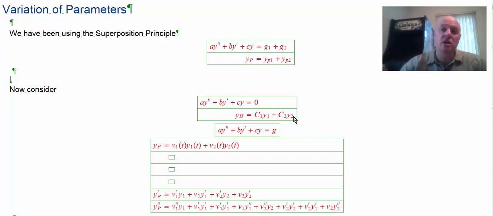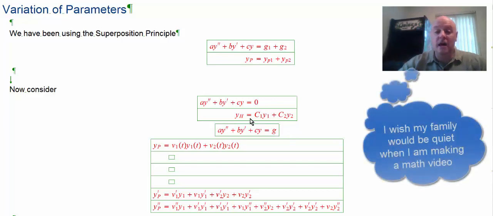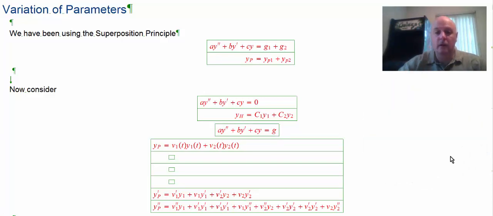But at this stage, we know that y1 and y2 are two little independent solutions to the homogeneous equation. Now I need to get the general solution of the non-homogeneous equation. I just need to take the homogeneous plus a particular, so we need a particular solution to add to this homogeneous solution.